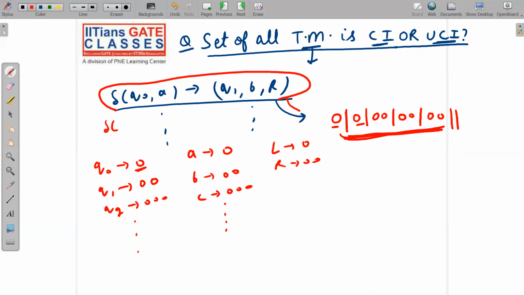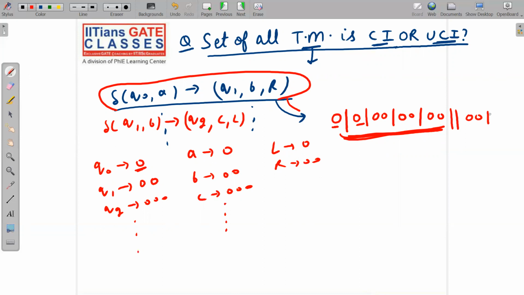For the next move, say I have a move delta Q1, B implies Q2, C, L. After double one, I will write this. Q1 is nothing but double zero, so double zero, then one as a separator.